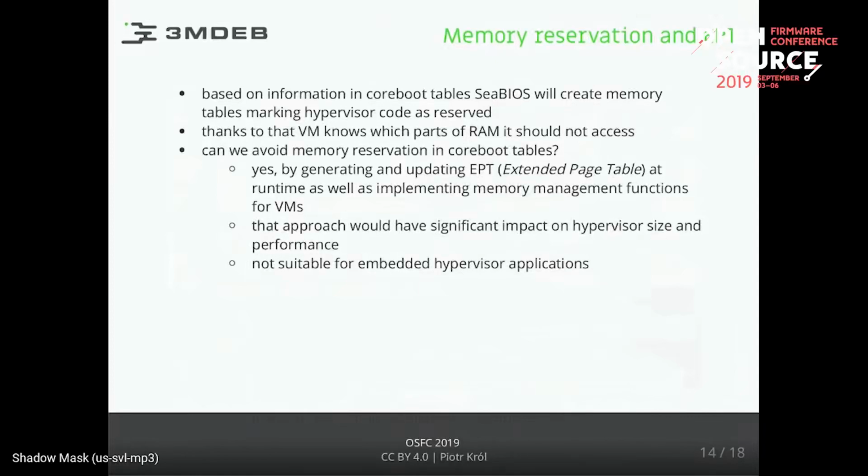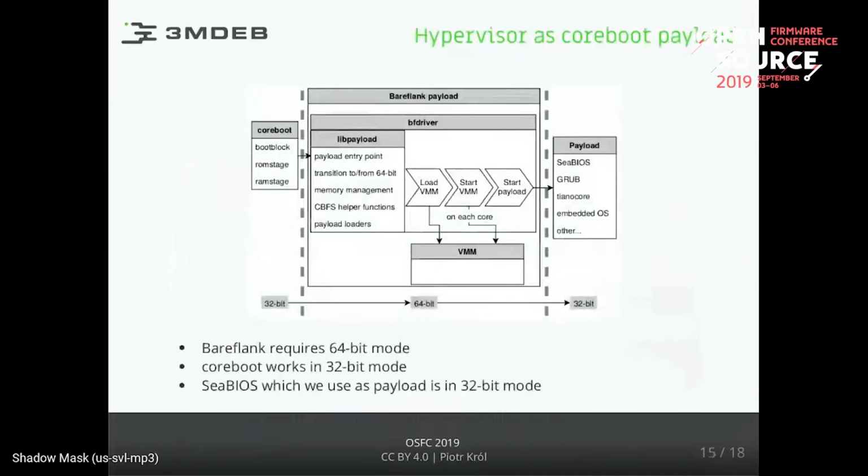And this would have a significant impact on hypervisor size, and we cannot afford that because we have limited SPI size. We have just this 8 megs, and we just couldn't add that. It can now be suitable for embedded hypervisors because of the space limitation and probably performance.